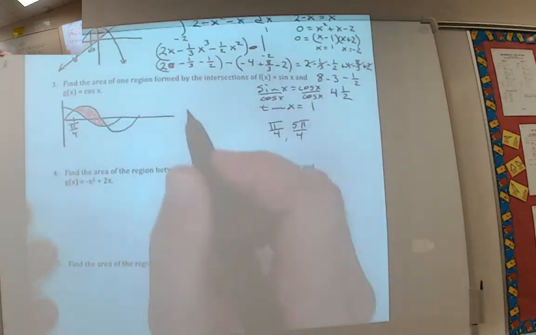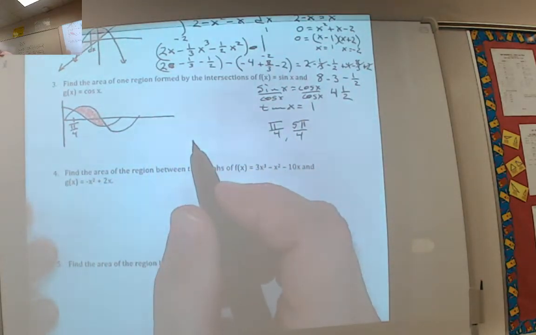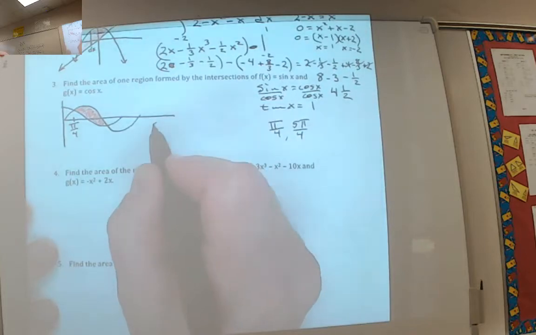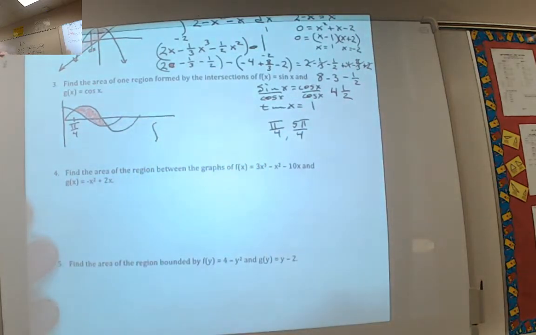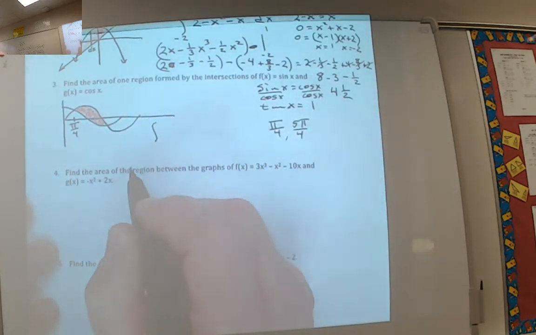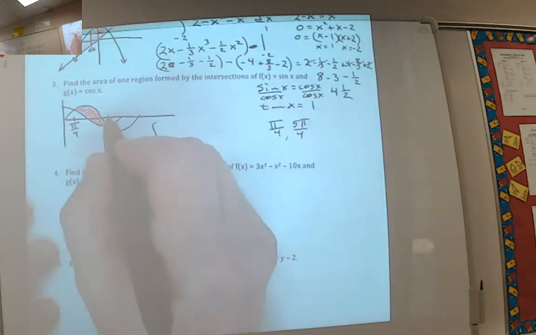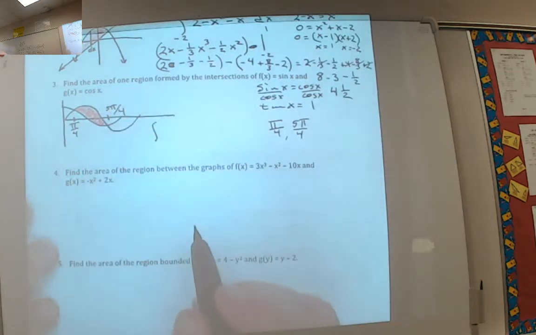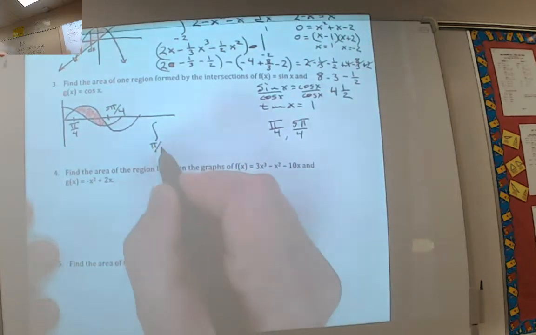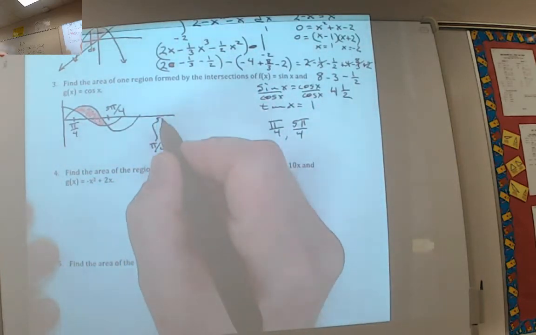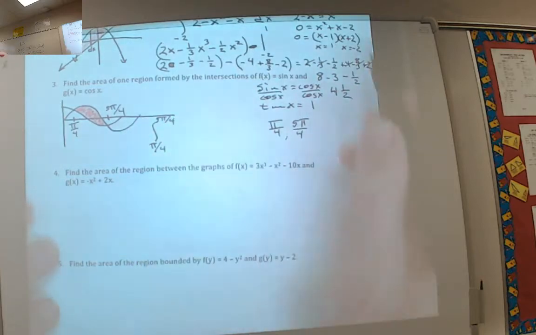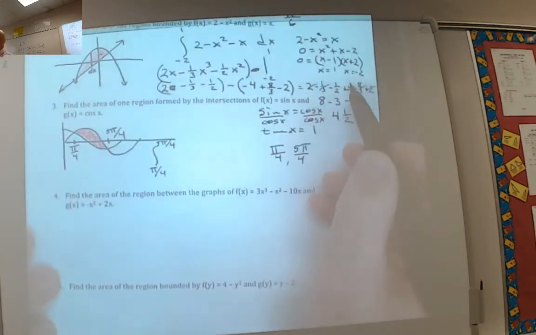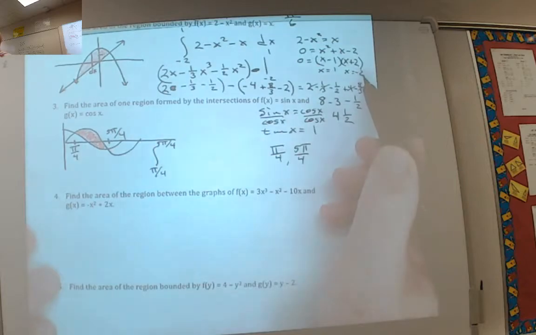So since you're on a roll, let's set up the integral. What am I integrating from? Pi over 4 to 5 pi over 4. Just like when Logan solved that, came up with 1 and negative 2 over here, then we integrated from those, correct?